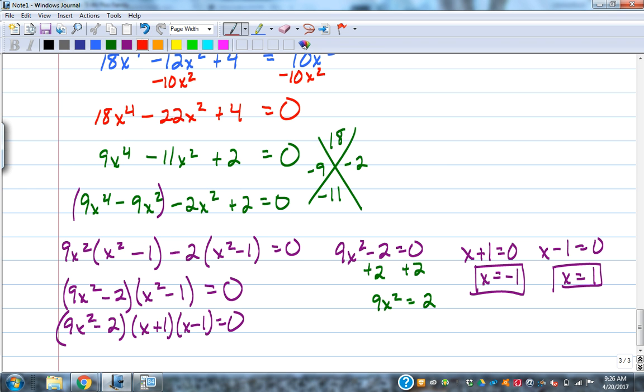It's still algebra, guys. It's not anything new. Then you take the square root.